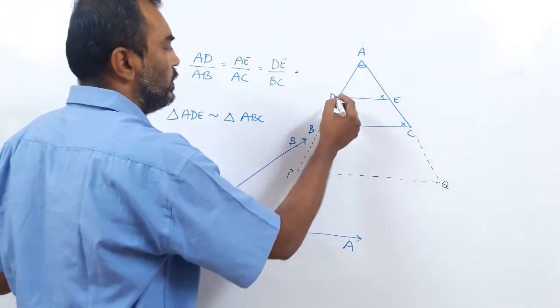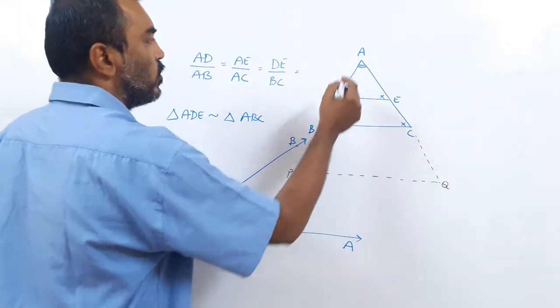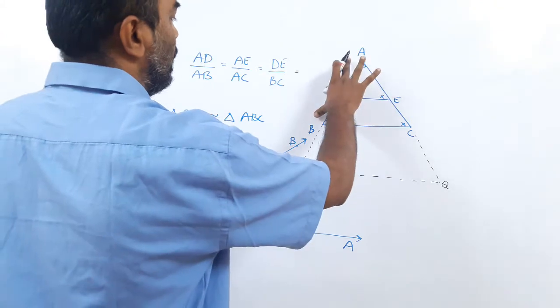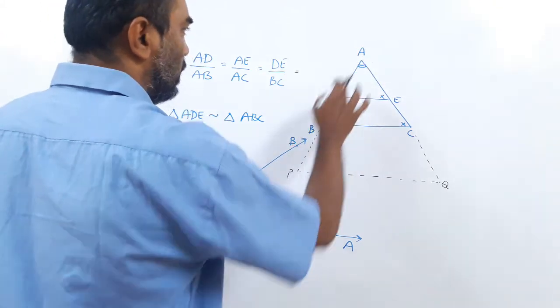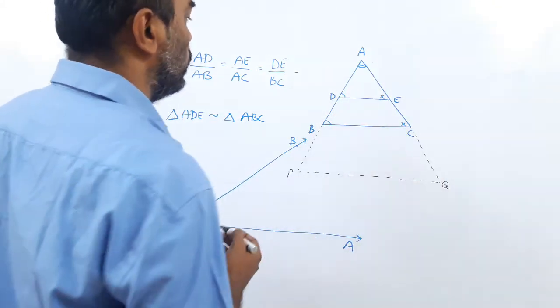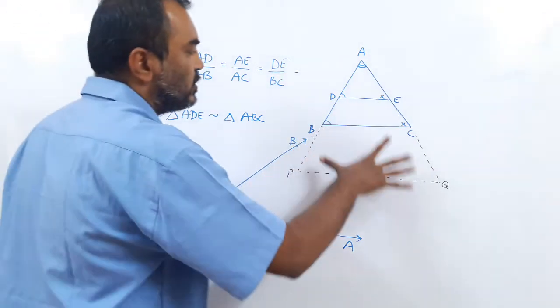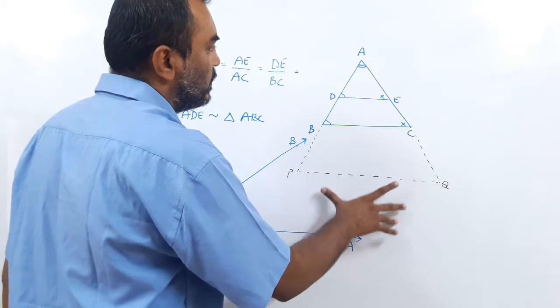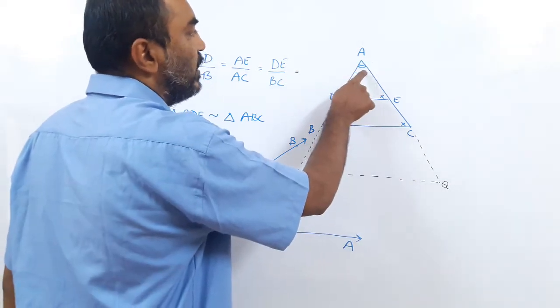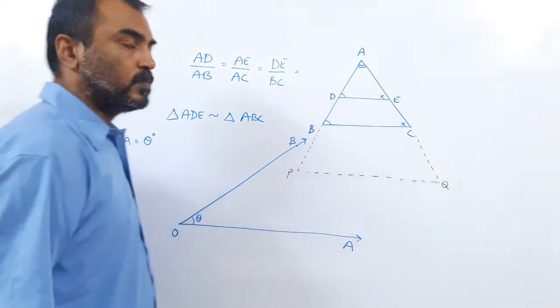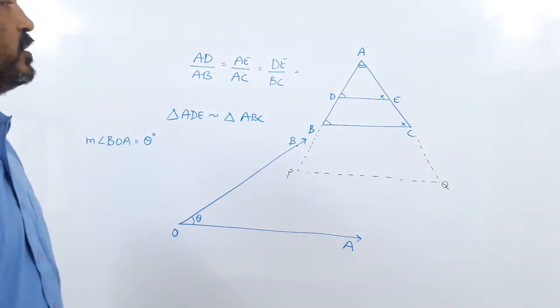So now what we have got, this triangle, AB upon AP equals AC upon AQ. Now what you can see here, I extended these two lines, the triangle is becoming bigger, but this angle A here is fixed. The angle is not changing.